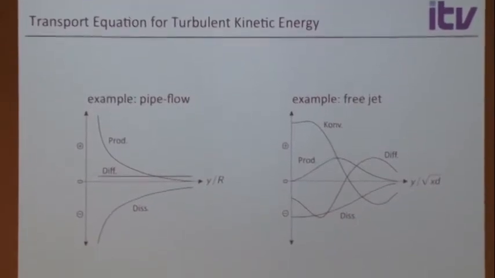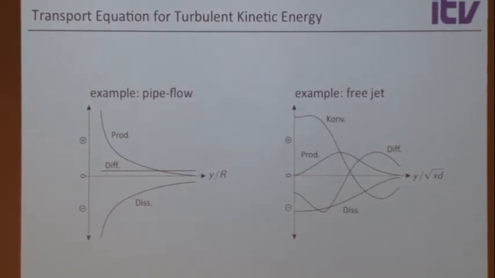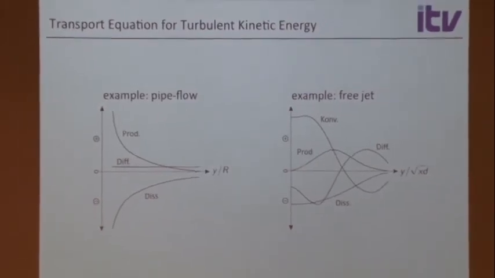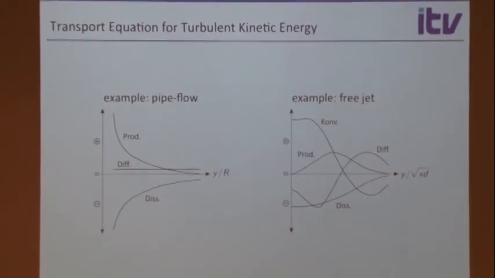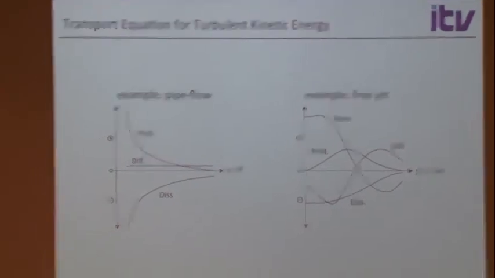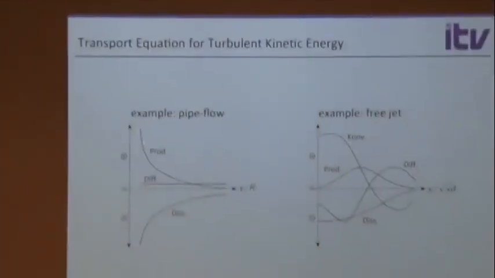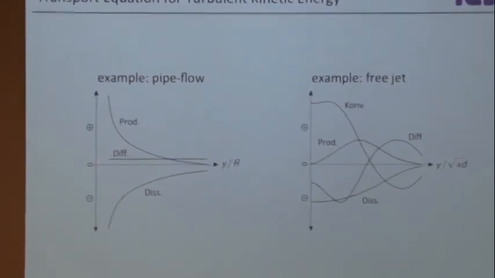This shows the budget, what term is important where. Maybe we can look at this one here. There are basically three terms in this equation: production, dissipation, and transport by turbulence. It's called diffusion here. And this is the importance of these terms in the pipe flow.